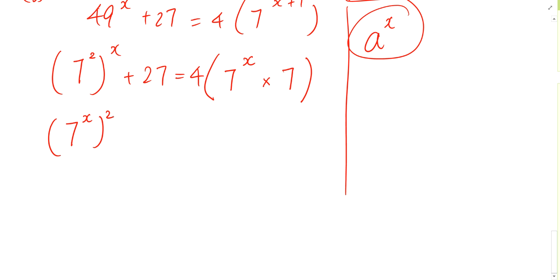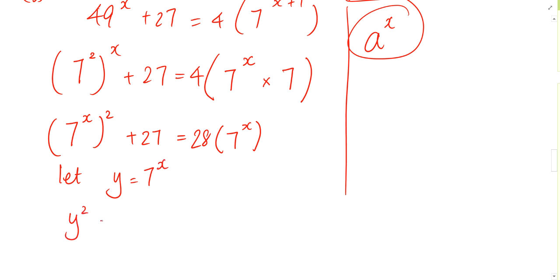So (7 power x) square plus 27 equals 4 times 7 power x times 7. Okay, so that is 28 over here. Now, let y equal 7 power x. So we have y square minus 28y plus 27 equals 0.